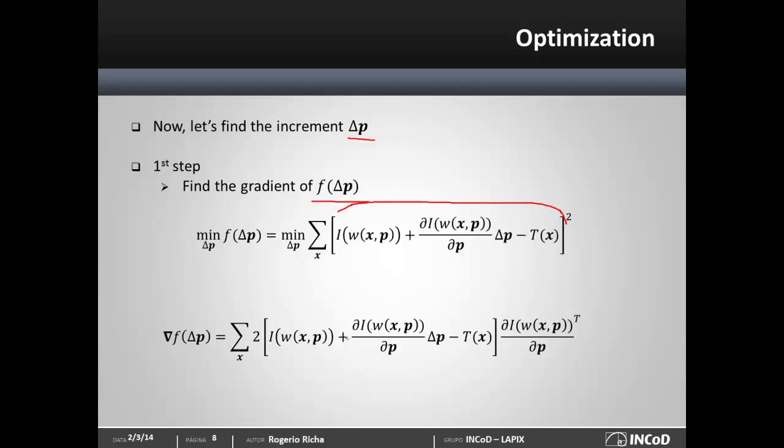This is the sum of squares, and using the chain rule, I have 2 times the image difference, times whatever is dependent on delta p inside this. In this case, it is the derivative of the back-warped image with respect to the transformation parameters.